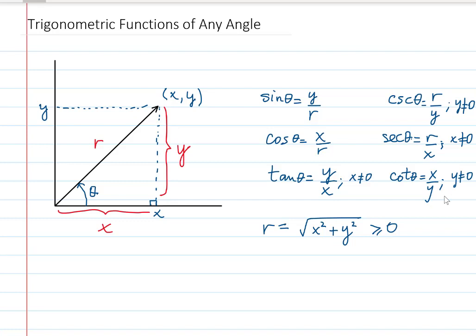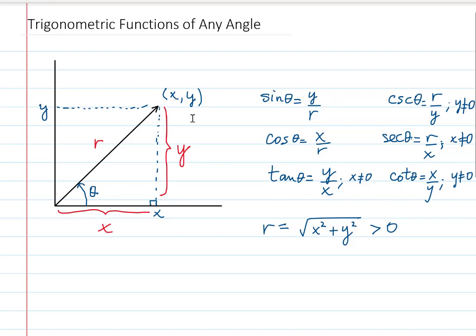So we can assume for our purposes that it will always be greater than 0. This is how you find r. It's basically just a distance formula, if you remember that. If not, here's the formula for how to find r.